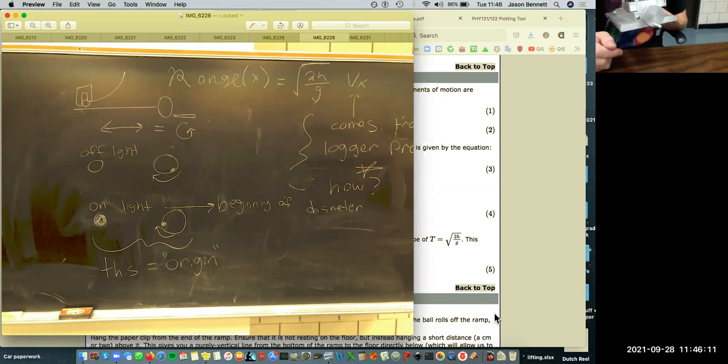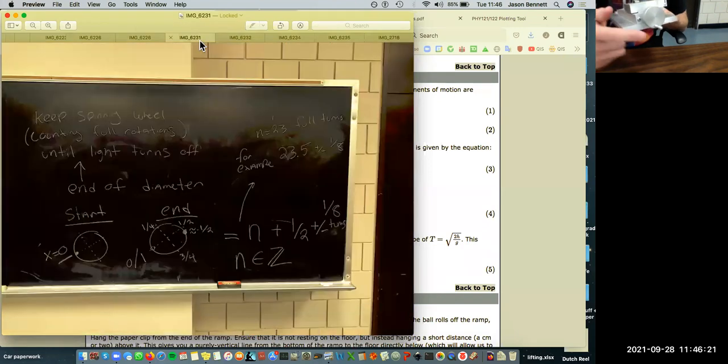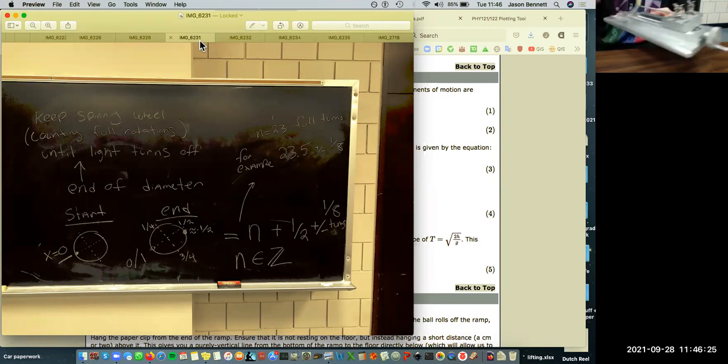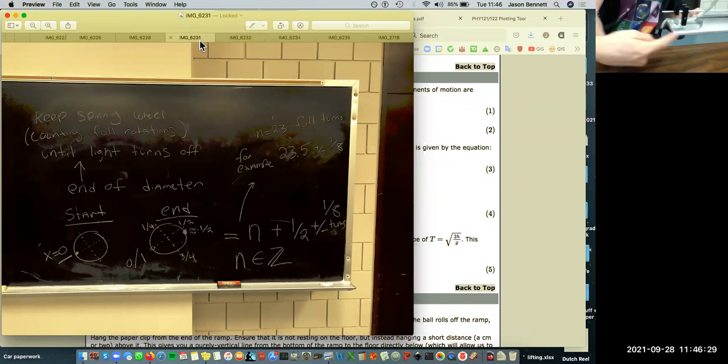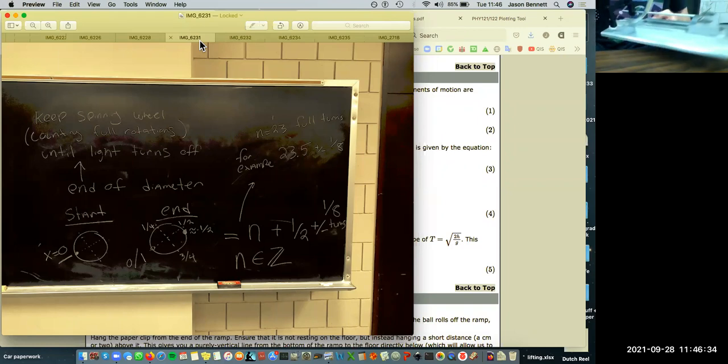What I'm going to do next is consider this x equals 0, the origin. And the next thing I'm going to do is start counting. If this is the origin, I'm going to keep spinning so that the photo gate continues to pass over the ball. The photo gate would be moving this way, outwards, until it passes over the whole ball.